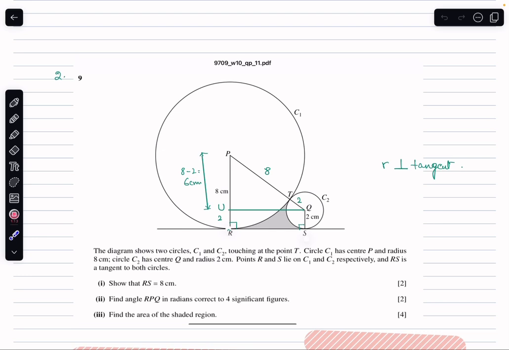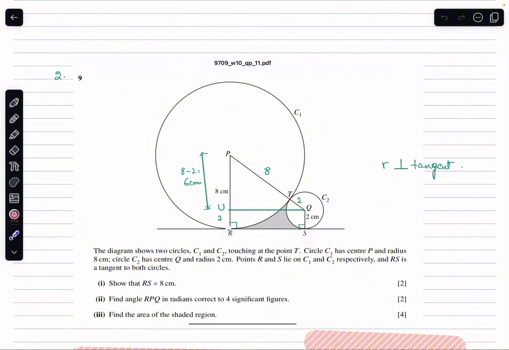Circle C2 has center Q and radius 2 centimeters, meaning QT and QS are 2 centimeters. Points R and S lie on C1 and C2 respectively, and RS is a tangent to both the circles.